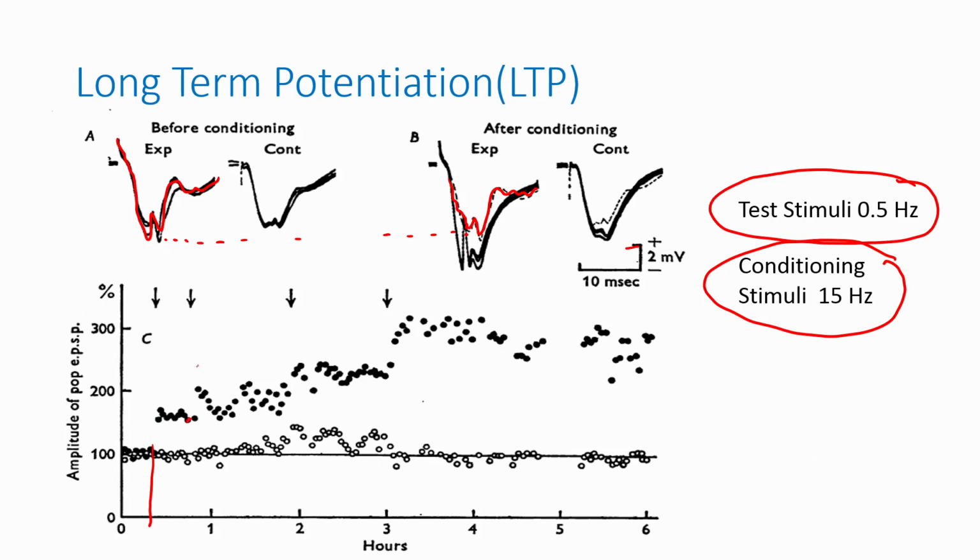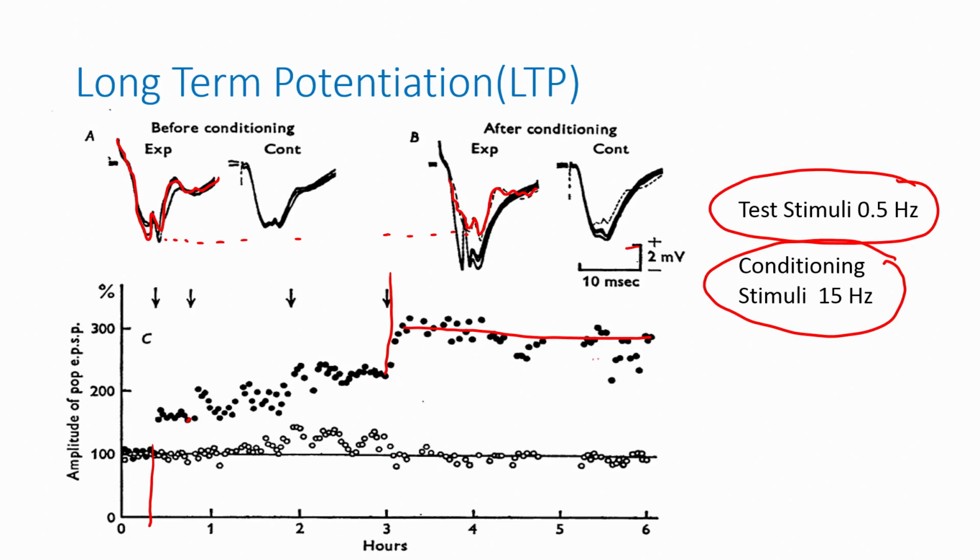At this point again they give the stimulus, and they keep on repeating that, and it is continuously going up, and at this point they stopped giving any more stimuli at all, and what you see is a steady holding up of the increased amplitude in these synapses as against the controls, right.